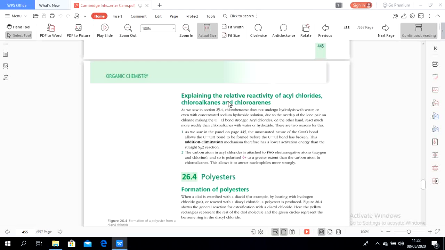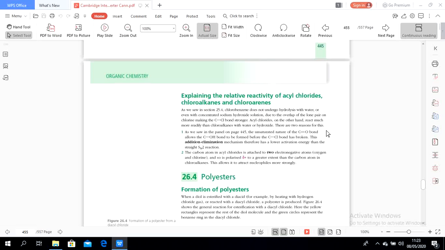While acyl chloride, on the other hand, reacts much more readily because it is more reactive due to the electronegative element, and chloroalkanes react less than acyl chloride with water or hydroxide.